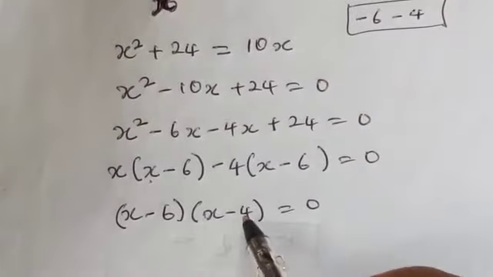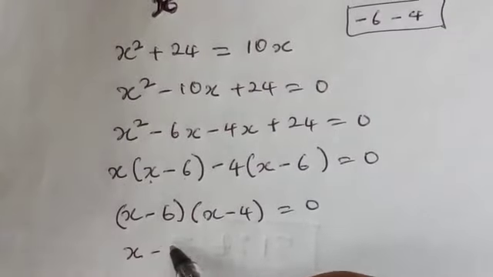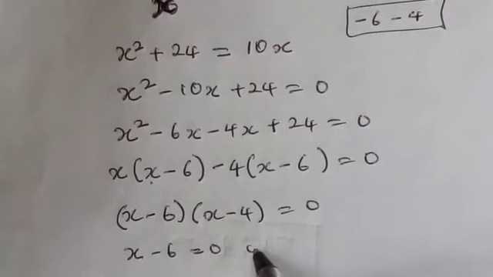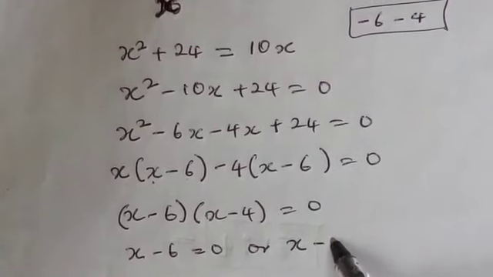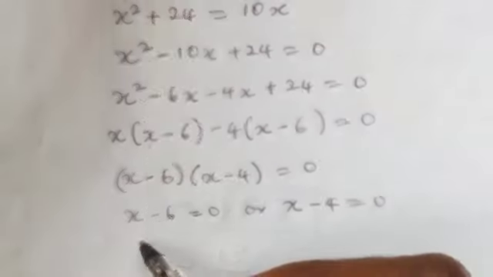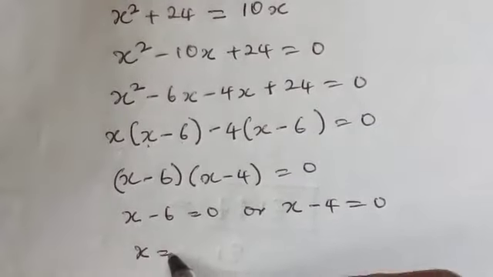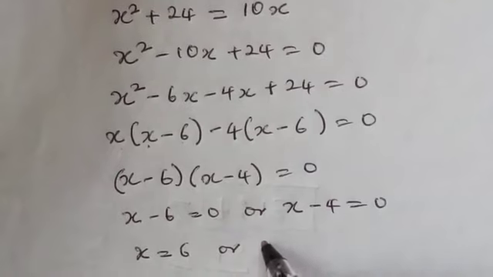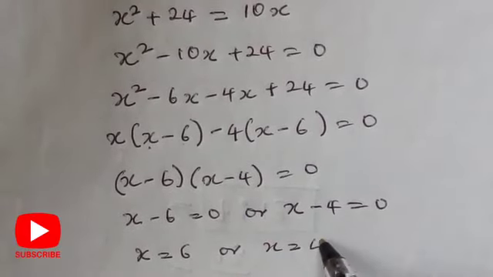This implies that x minus 6 equals 0, or x minus 4 equals 0. So x will be equal to 6, or x will be equal to 4.